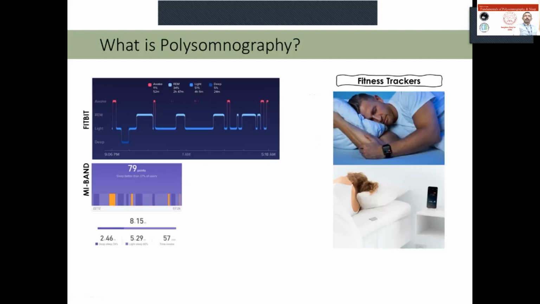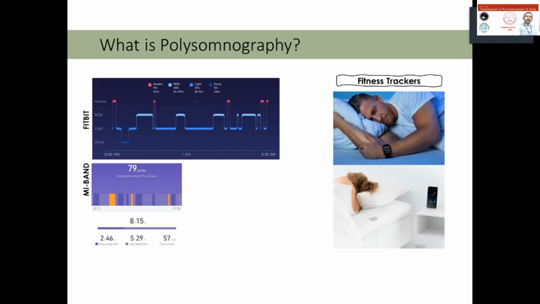Now, this same information can be obtained even through fitness trackers like wearables that you have, or mattresses or mats which you don't need to wear, you just need to sleep on top of. And there are even non-contact devices which can detect based on your activity or breathing pattern, or in combination, they can identify the stages.